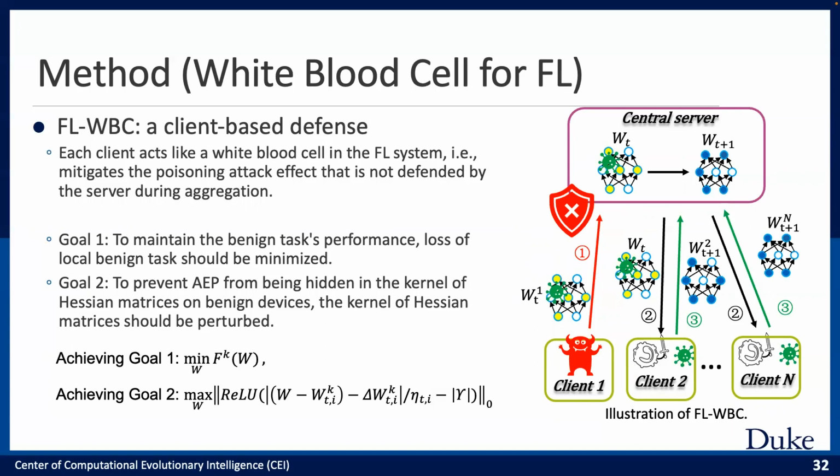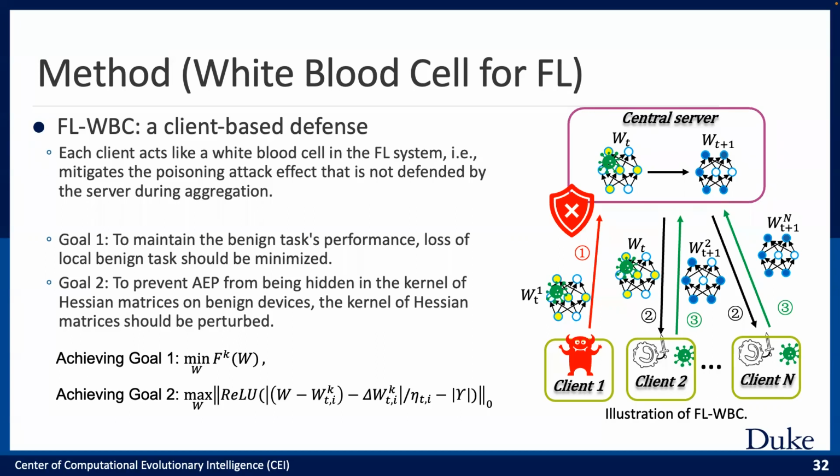The loss of the local benign task should be minimized, while we try to prevent the attack effect parameter, which we define for this long-lasting effect of the poisoning attack, from hiding in the kernel of the Hessian matrices on the benign devices. So the kernel of the Hessian matrix should be perturbed so that we don't have this sensitive region.